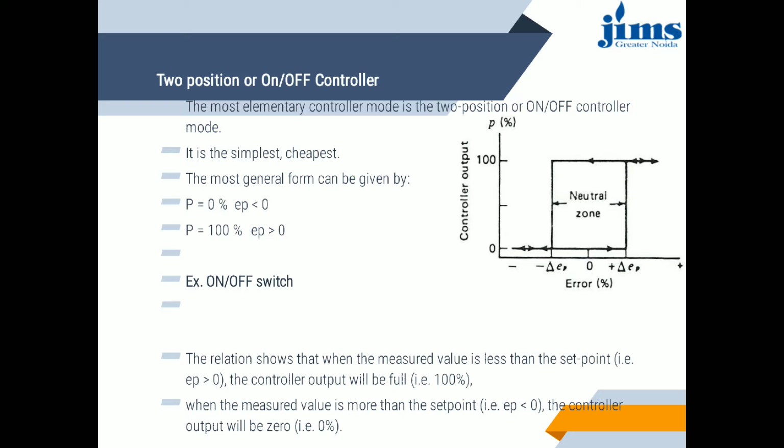The differential gap can also be defined as the range through which the actuating error signal must be moved before switching occurs. In this type of controller, the control variable always oscillates with a frequency which increases with decrease in width of the dead zone or differential gap.